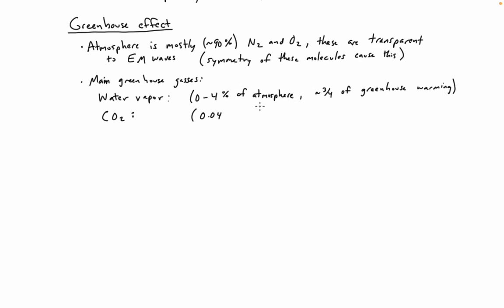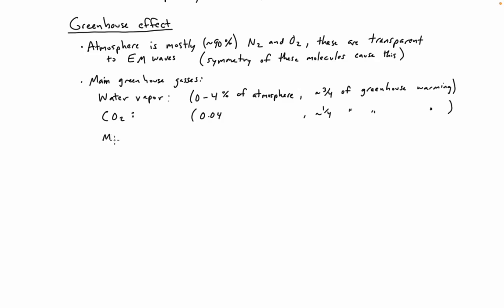Actually, take back what I just said a moment ago. Look at CO2. There's a much smaller amount of it, but it still has roughly a quarter of the greenhouse warming. So on a molecule by molecule basis, CO2 is stronger, but there's a lot less of it. Overall, there's a lot more water vapor out there, and it has a bigger effect.